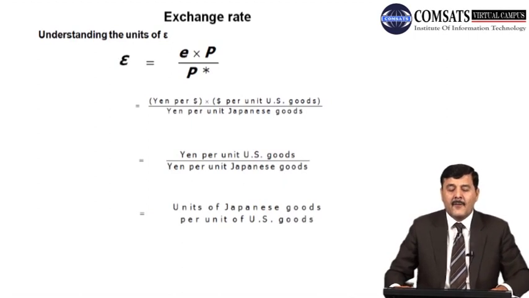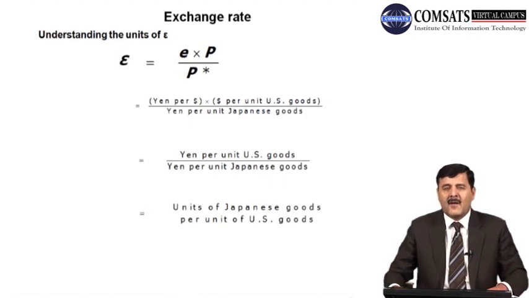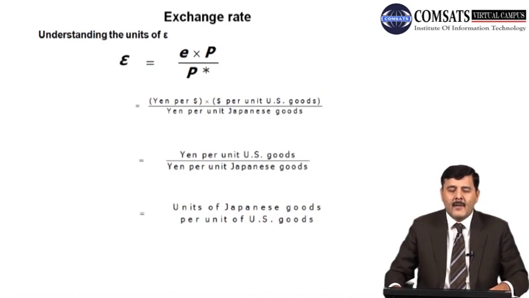Now understanding the units of the real exchange rate. To understand the real exchange rate we need to look into more detail. As we said, the real exchange rate is equal to E into P over P star.